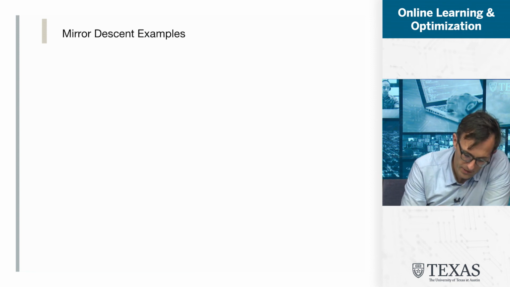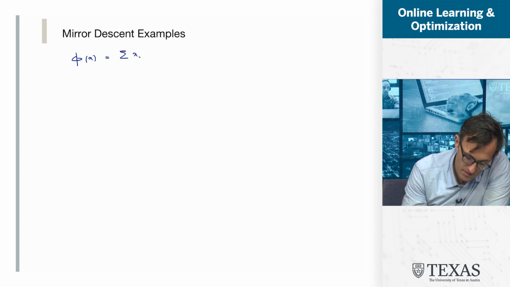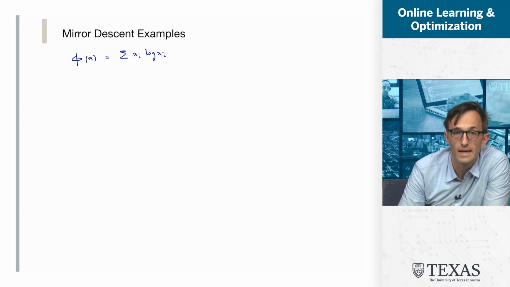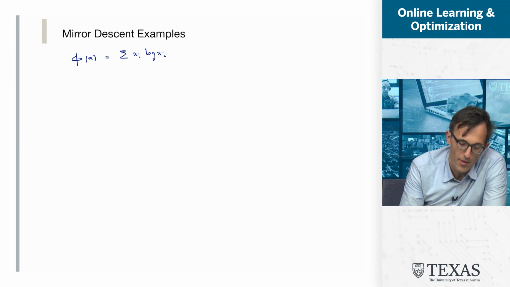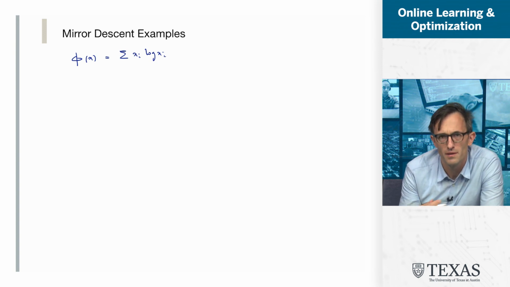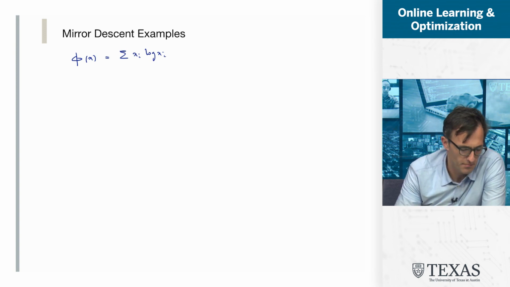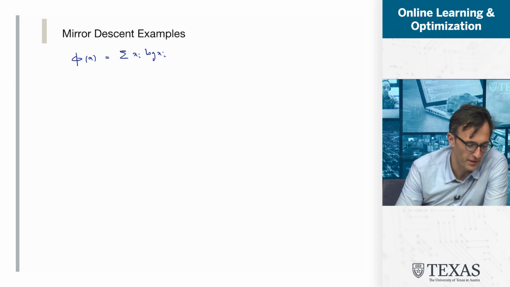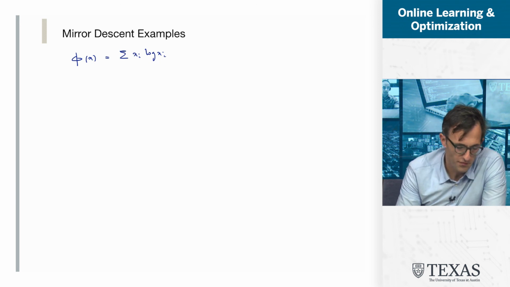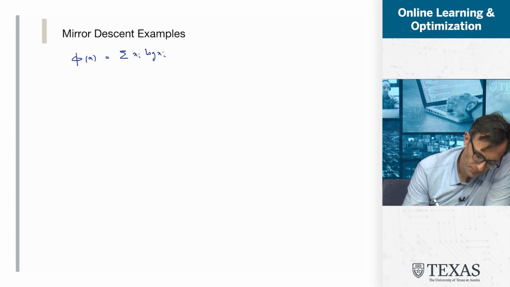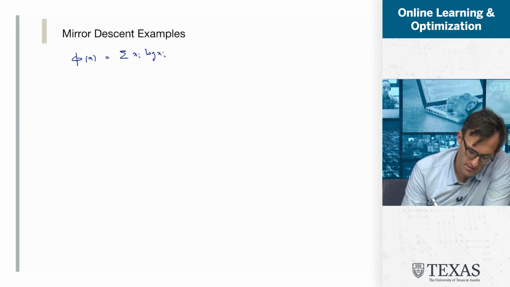So I'm going to use phi of x equal to the sum of x_i log x_i, which is just the negative entropy. Remember that x is in the simplex, so we can interpret this as the negative entropy of a probability distribution. A few things to note. This takes a little bit of calculation to see, but we can check; I'll just write this as a fact.